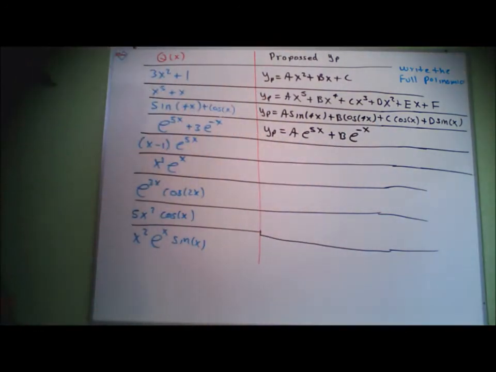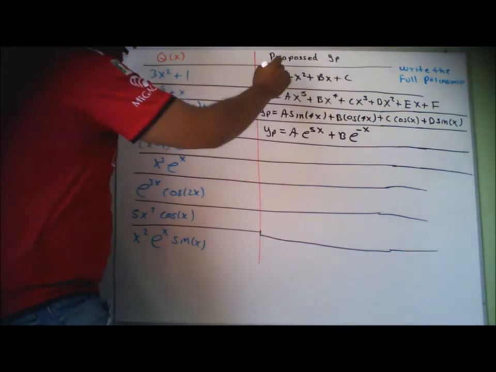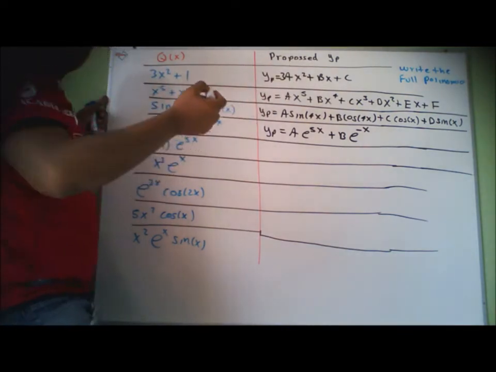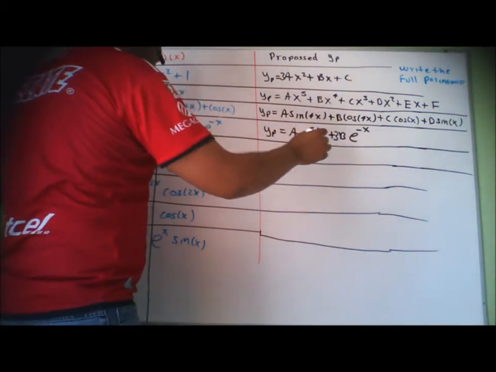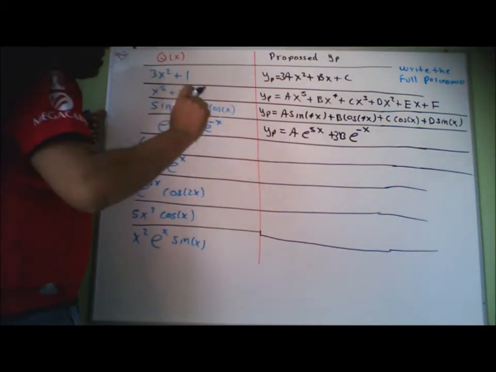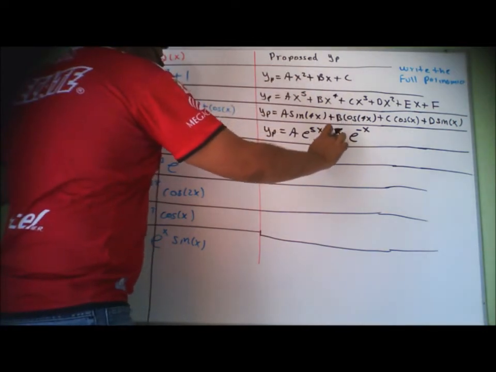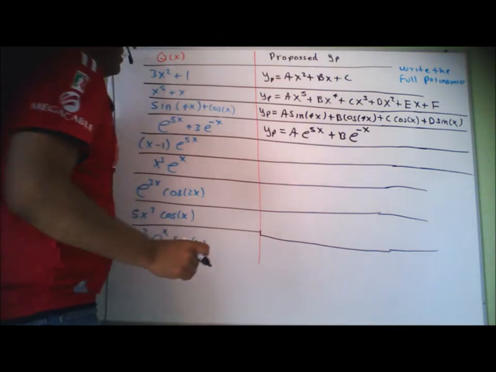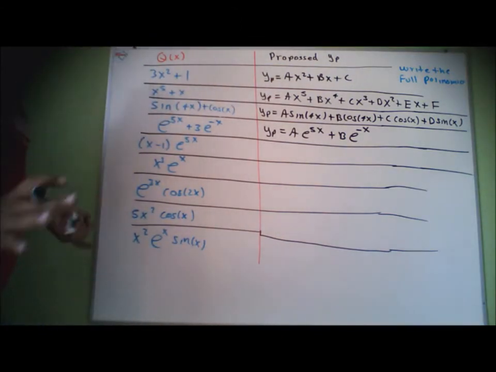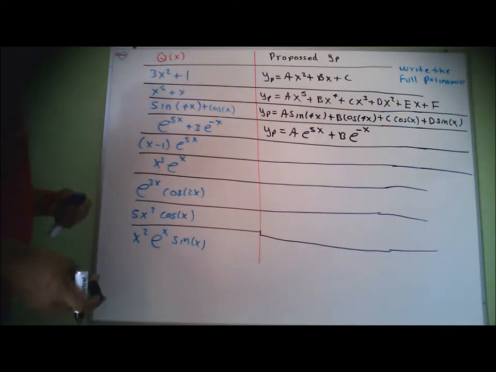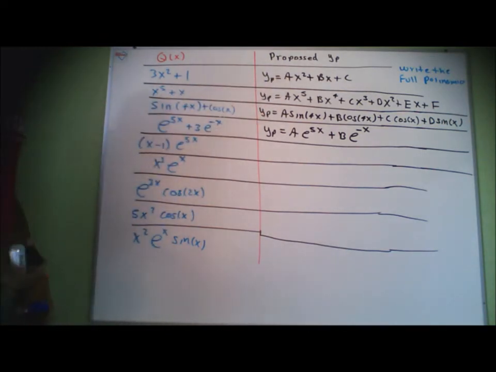Engineers, just because you have a 3 here, it doesn't mean you have to write 3 here. Just because you have 3 doesn't mean that you have to write 3 or whatever number you have there. No, you have to write just the coefficient, just like that. The value of A may be 3, but we don't know, and because we don't know, we cannot assume that you have a 3 here.